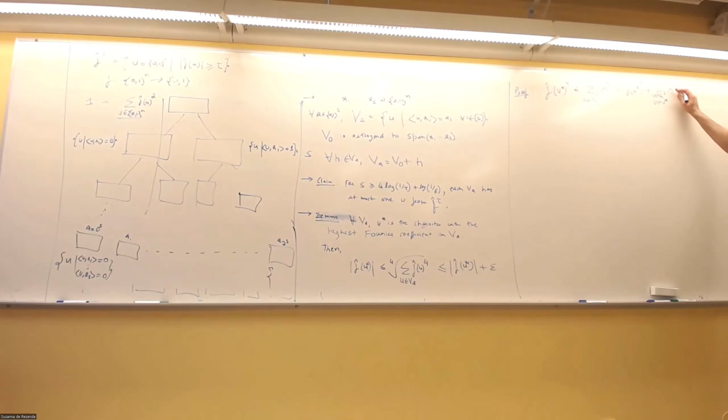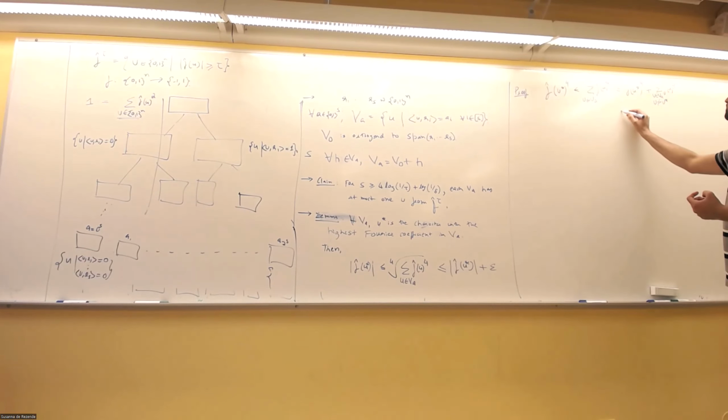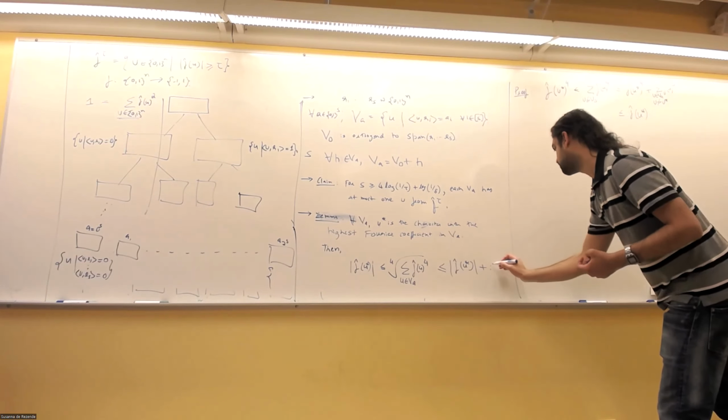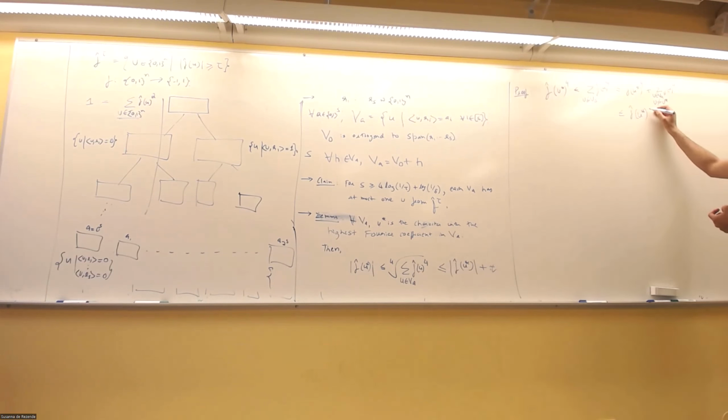And since we know that each of these is at most tau, we can just replace this by f hat of u star to the 4 plus each of these at most tau, so this would be at most tau to the 4. Now just taking the 4th root on every side gives us the expression.